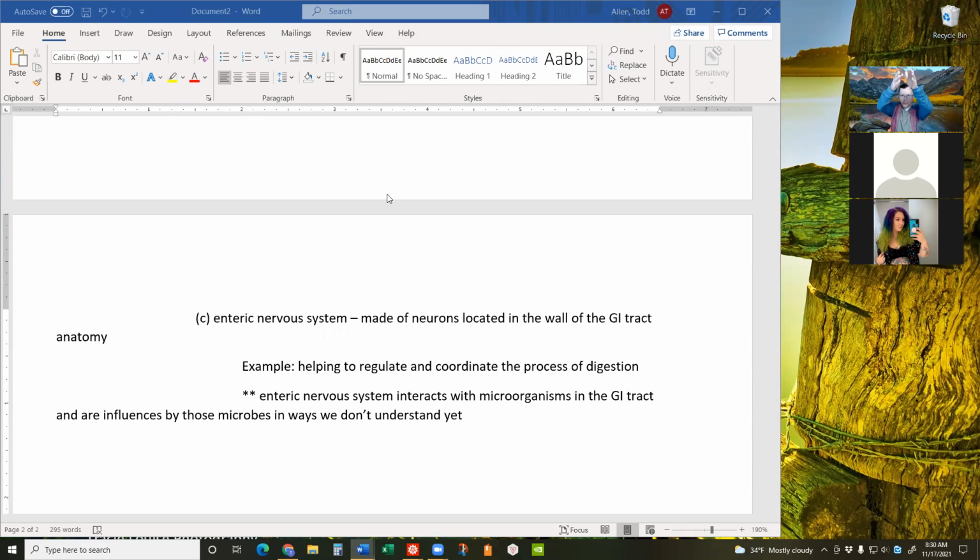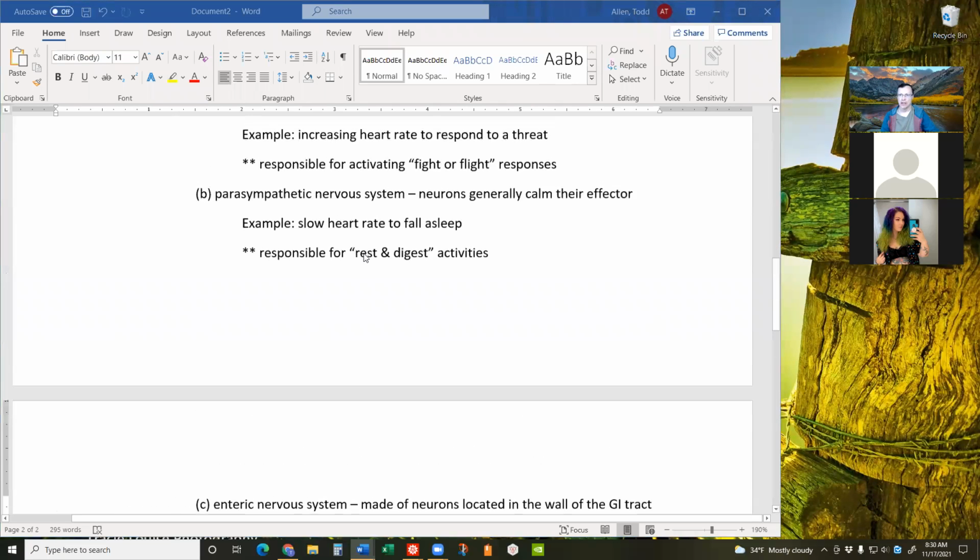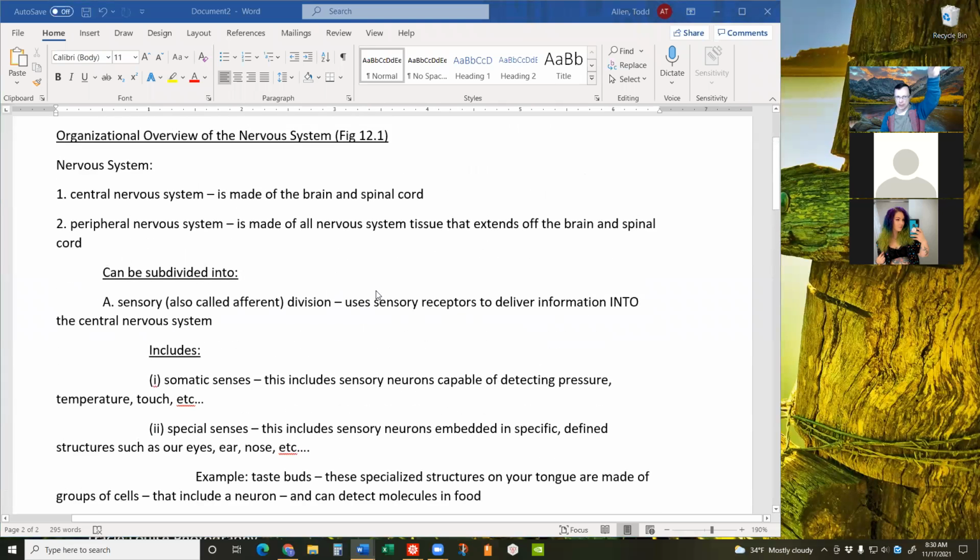And then we start to break that down into subcategories as we go down the pyramid. So you start with nervous system, you break it down into central nervous system for the brain and spinal cord, and on the other side of the pyramid, the peripheral nervous system. That's all the tissue of the nervous system that's not part of the brain and spinal cord.